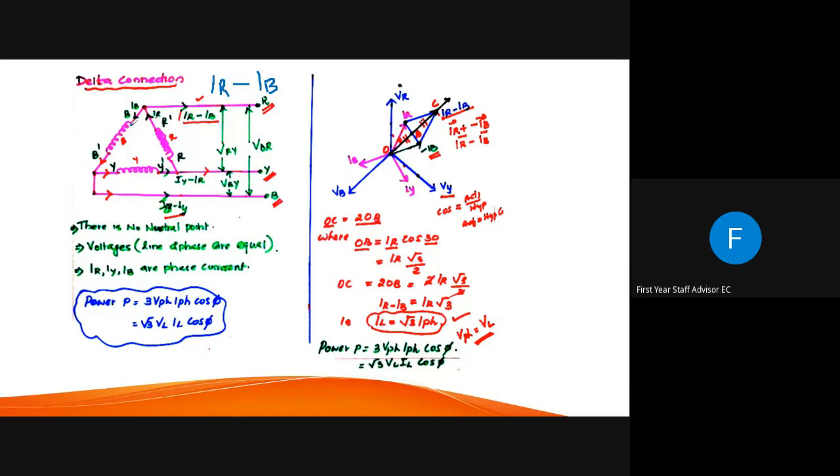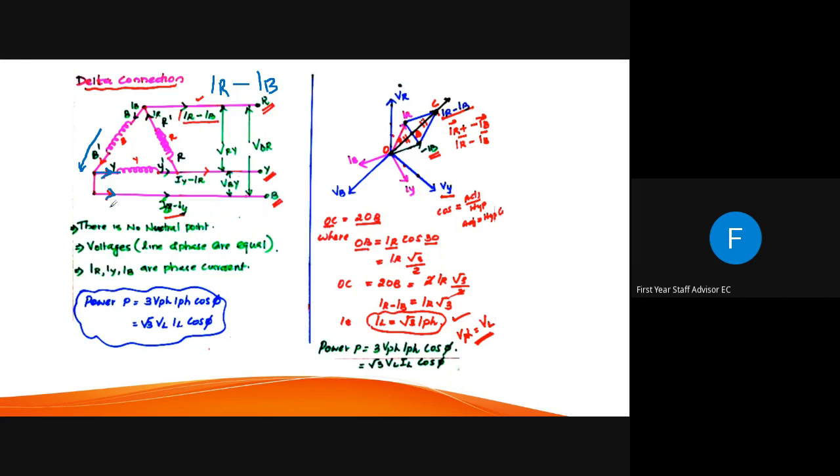Okay, similar to that, we will see one more example. We can look into the B phase. B phase is the bottom one. You can see that the current is coming out from the B winding in the terminal B dash, and some of the current is going into the Y winding, and the remaining current actually flows into the B phase.